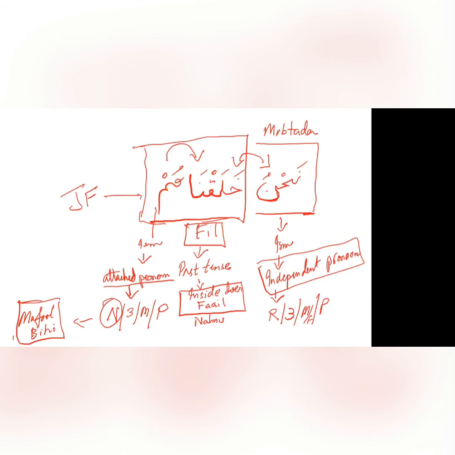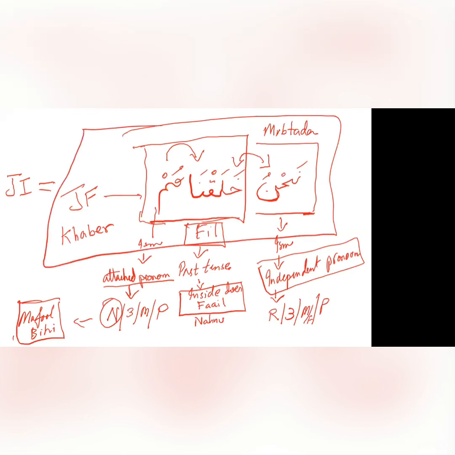When you see a fail after a mubtada, it will be a khabar. So this will be a jumla ismiya altogether. So we will say this is khabar, jumla failure.